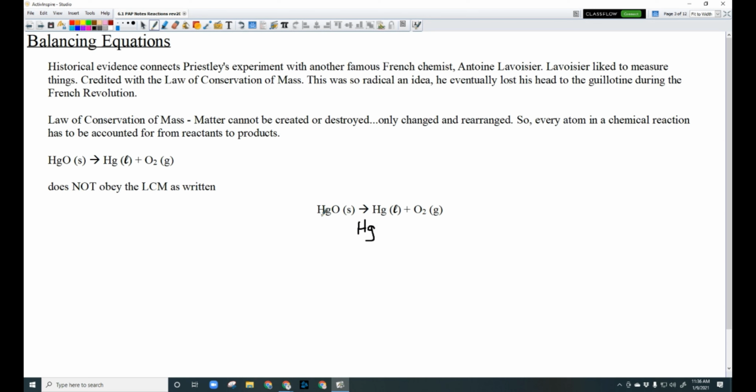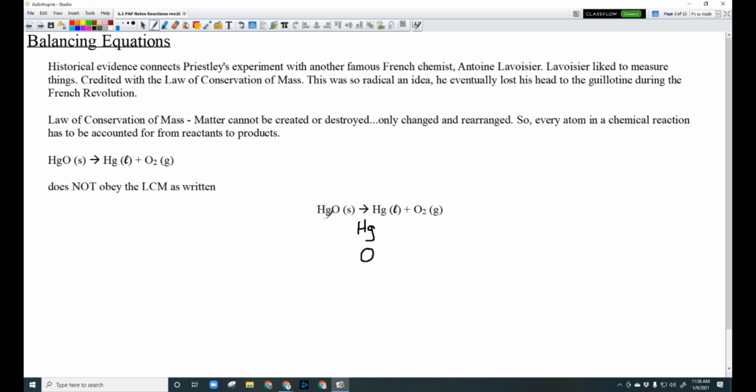So we have mercury as one of our reactants over here, one of the atoms that are reacting. We also have oxygen that's over here as a reactant. So we're going to have the same mercury and oxygen on this side, but we have to make sure they're in equal amounts of atoms. If we list them under the arrow here, it makes it easy for us to compare right and left.